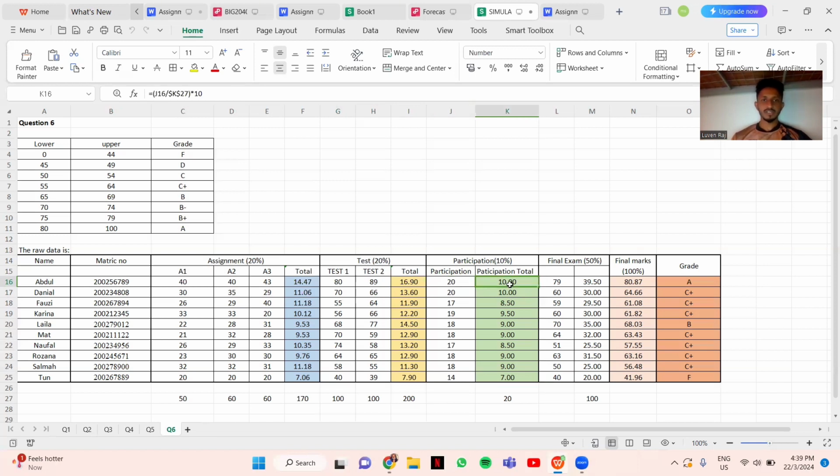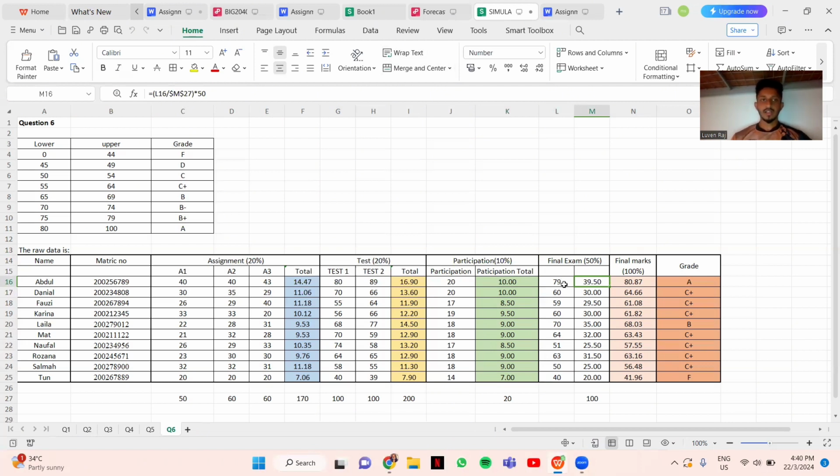And the participation is 20, for a total of 100%, right? So I just use J16 divided by K27 over 10, because this is the participation of 10 percent. And then for the final exam, 79 gives 39.50, because it is 50%, right?